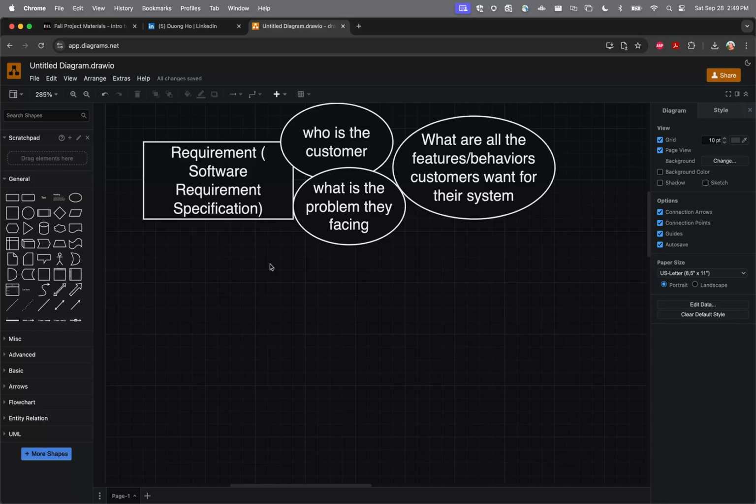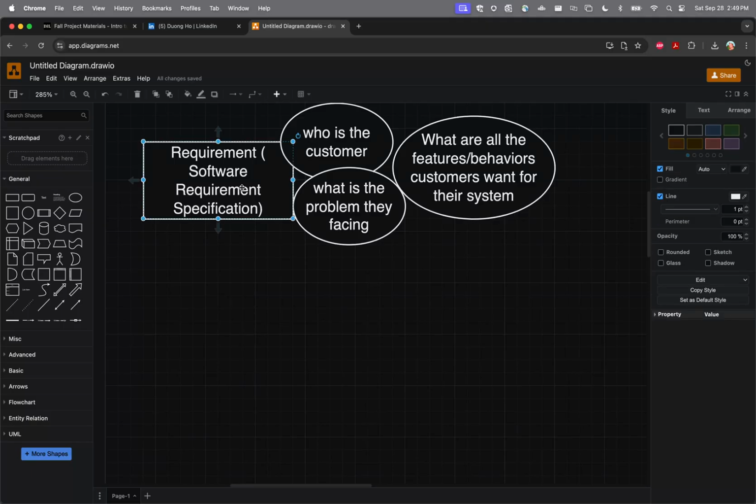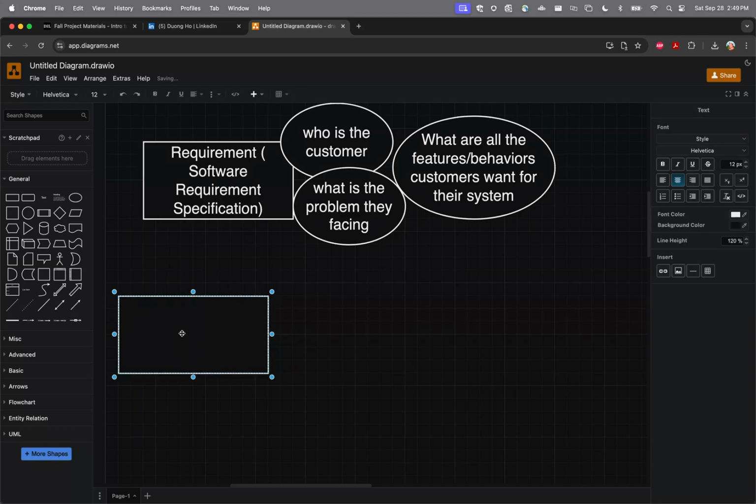So all of those things would be requirements. Requirements can be broken out into two different things. The first one is known as the non-functional requirement, and the second one is known as the functional requirement.